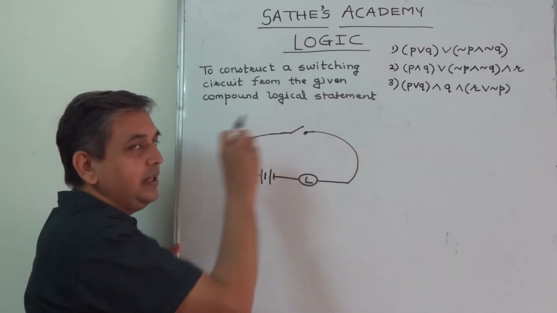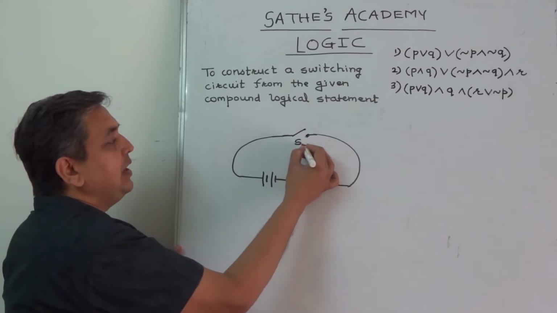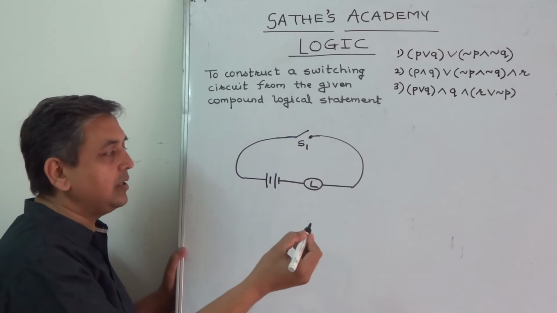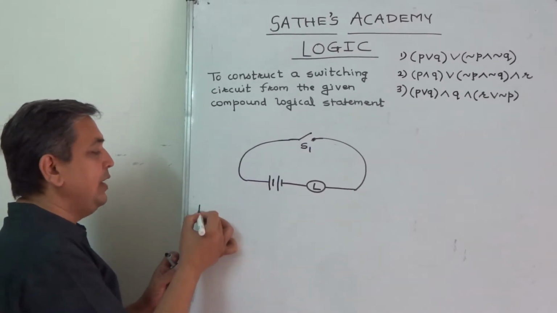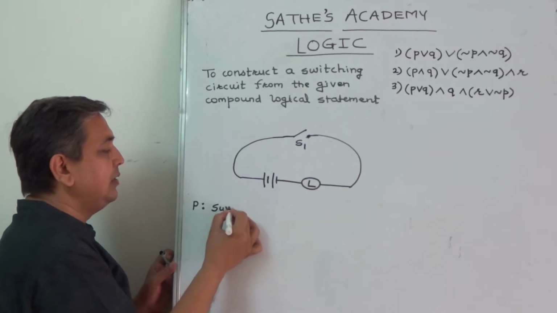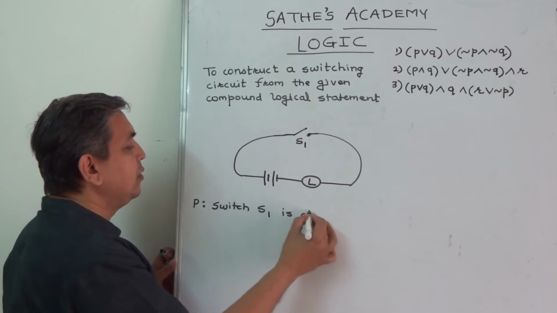To apply logic here, we denote the condition that the switch S1 is closed by a statement in logic, that is P. So we assume statement P as switch S1 is closed.